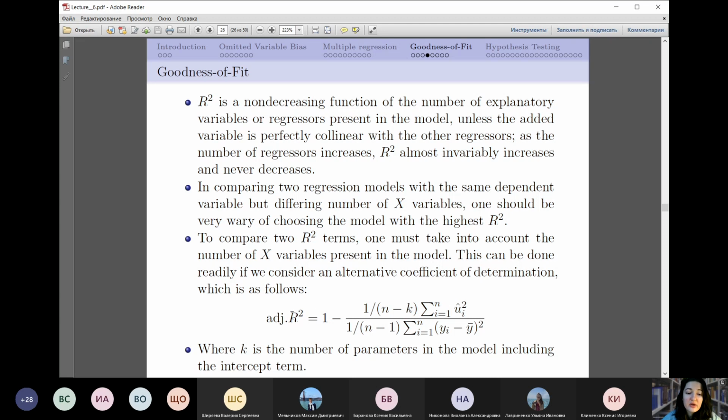This is the formula that you can use to find the adjusted R squared, or let's say an alternative coefficient of determination.